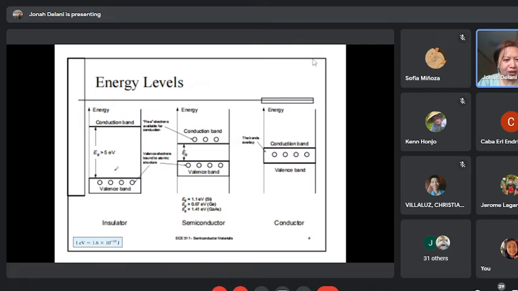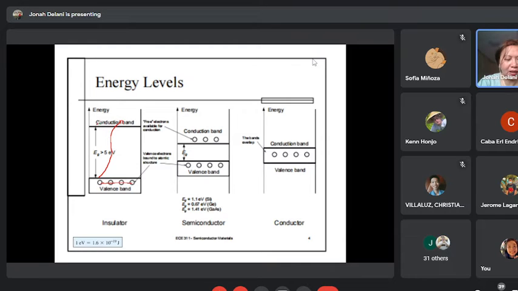So for an insulator material, this is the valence band, right? These are the valence electrons. It would take a lot more energy for the valence electron to escape and become free. This is the conduction band.